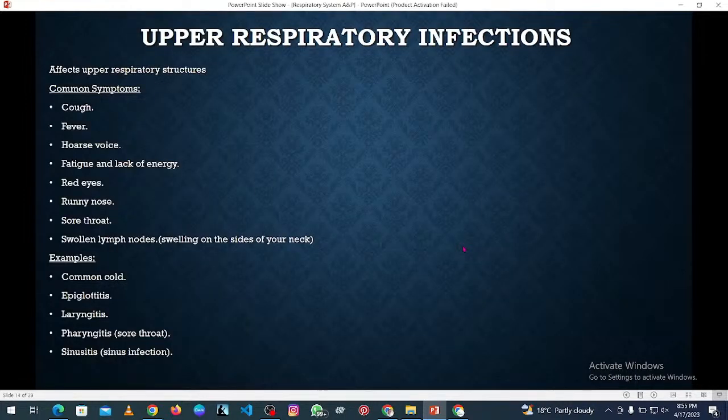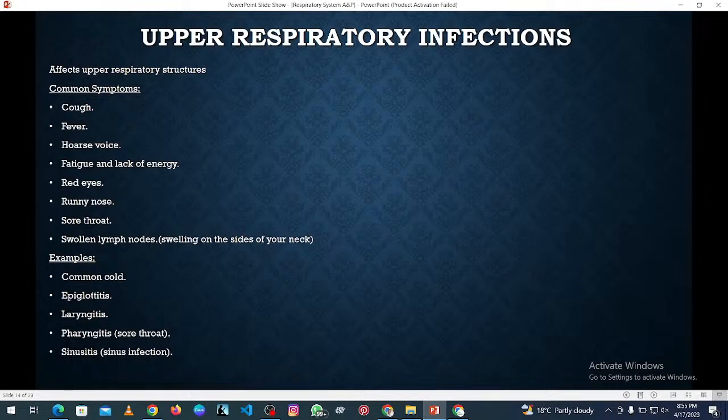So these are some of the upper respiratory infections, and those are some of the common symptoms that we can always attach to them. So we are done with studying the upper respiratory system, and those are some of the diseases that we expect to cover. So the diseases of the respiratory system can always be grouped into two.